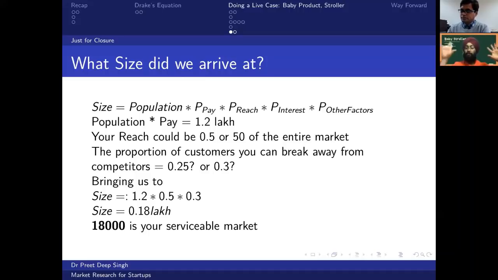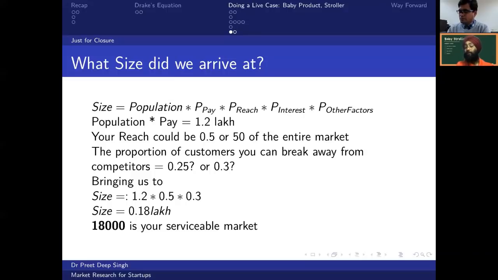Total people that you will ever reach based on your current strategy, right? Out of these, you can assume based on how many ever customers you want to pull out, you get barely 18,000 customers. These are customers, of course. You have a price point, of course, but 18,000 is your thing, right?